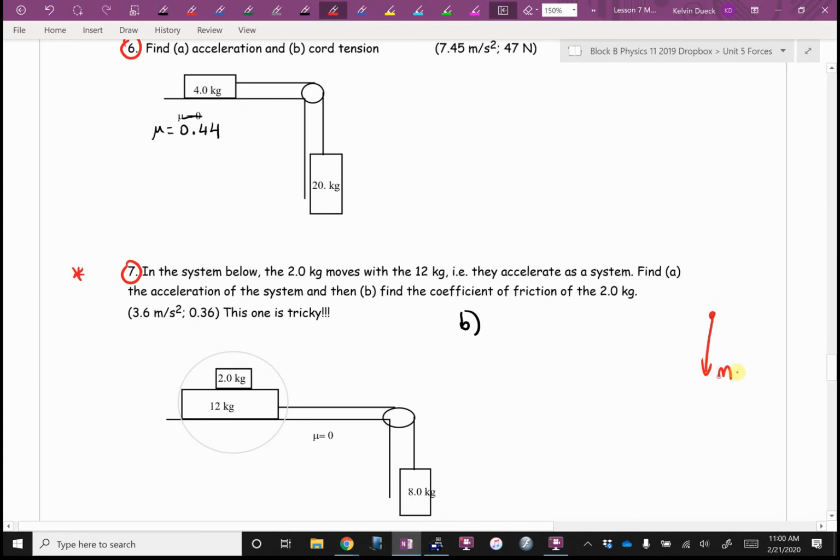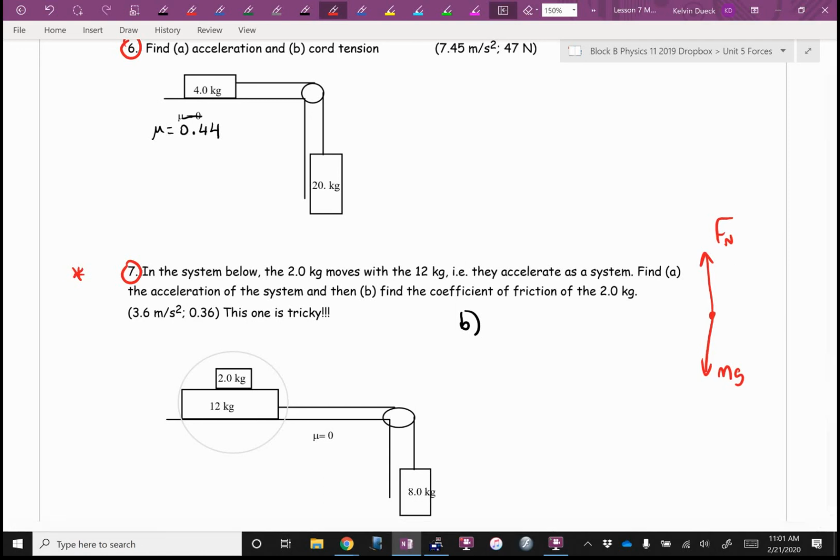Definitely have mg, definitely have a normal force. Which way is that 2 kilogram mass accelerating? Can you use the word left or right? Which way must I have an unbalanced arrow pointing then?